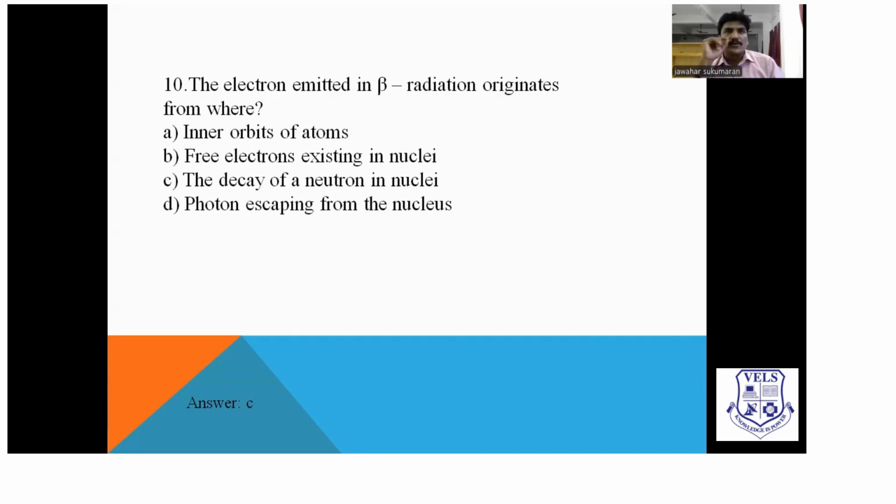In beta emission, a neutron of the nucleus decays into a proton and a beta particle. The nuclear reaction gives us, for example, 0n1 gives 1H1 plus -1e0.